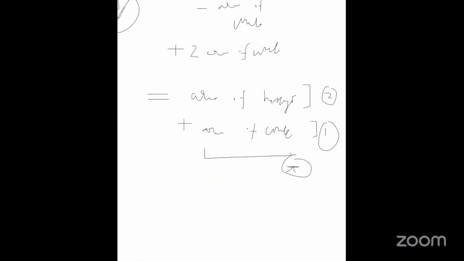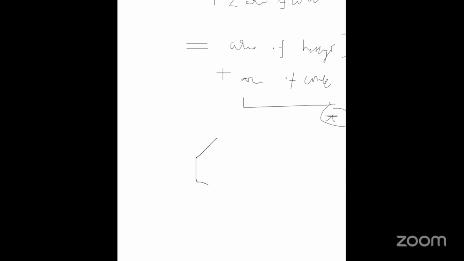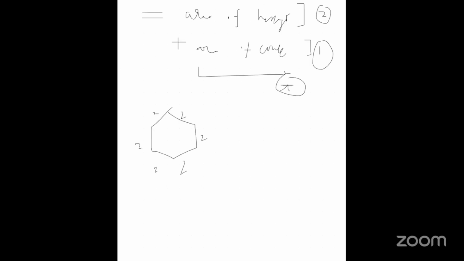So you have a hexagon, which is regular, of side length 2, and you have to find its area. Firstly, let's do the angle sum thing. The total sum of the angles is 4 times 180.